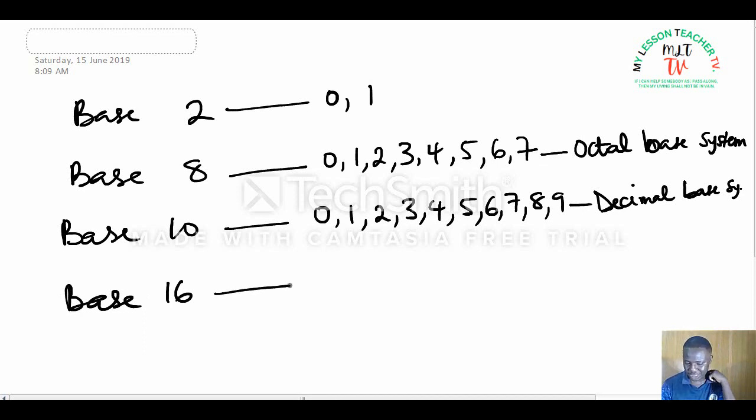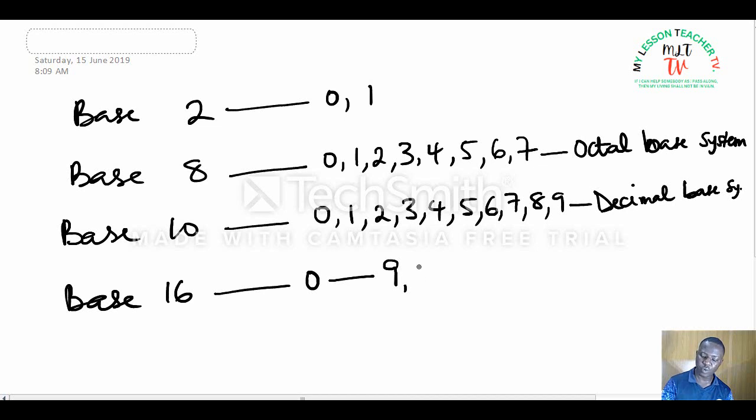Okay, we also have in focus the base 16 number base system, and the base 16 system can be said to be alphanumeric, meaning it is made up of both letters and numbers. We have digits 0 to 9 to take care of the first 10 digits in the base 16.